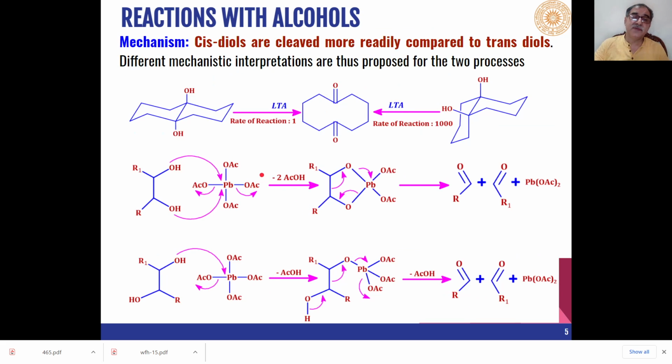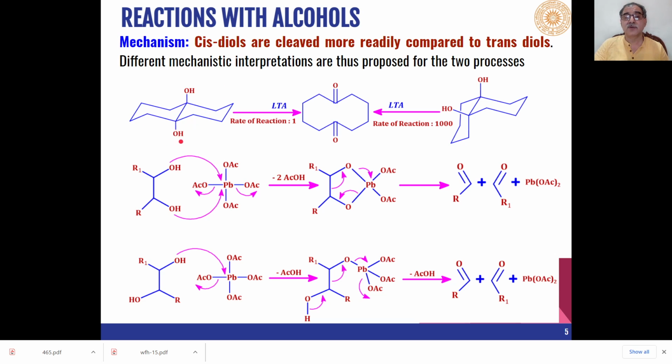Now, as far as mechanism is concerned, as I have told you, cis diols are more reactive in comparison to trans diols. So some different mechanisms have been proposed. You can see the conformation of this molecule here.